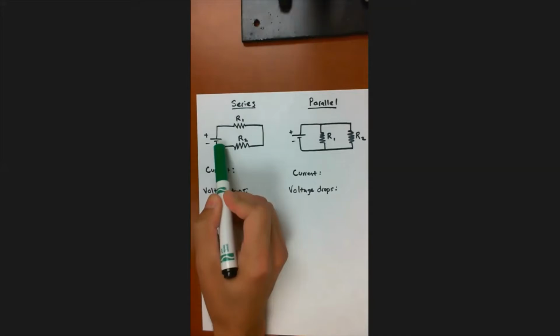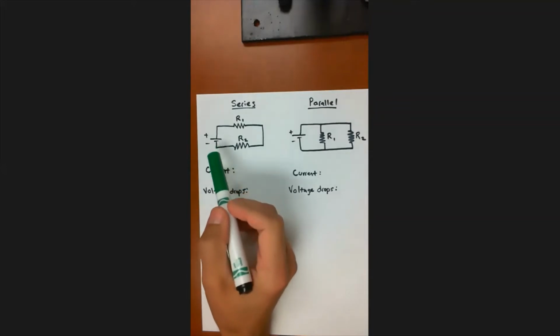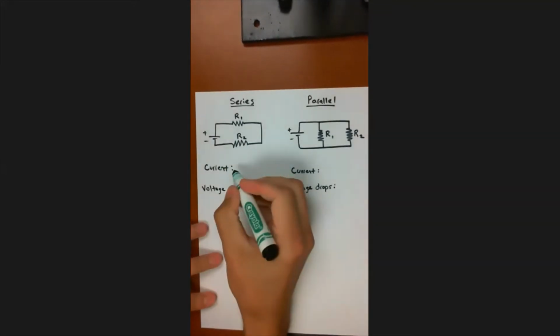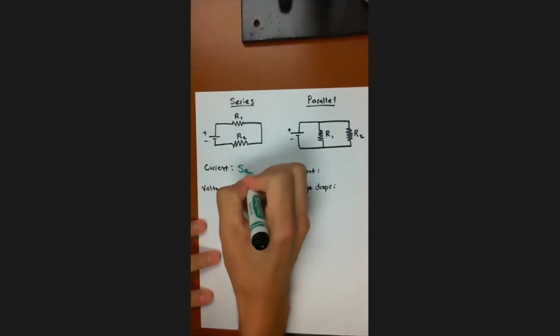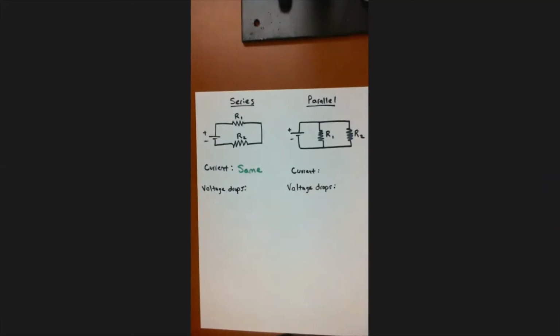It has to be. There's no other place for the charge to go as it's flowing around this complete circuit. So whenever you have a series circuit, the current through any components that are in series has to be the same. You can almost say that's a definition of a series circuit.